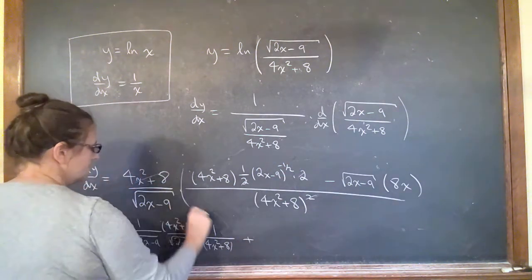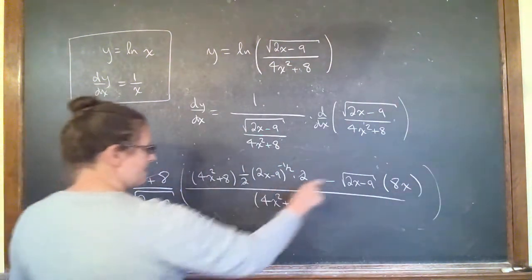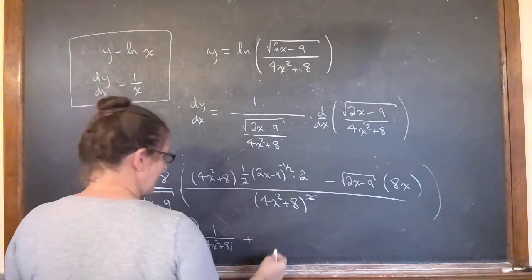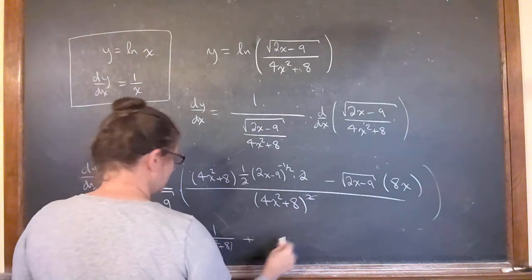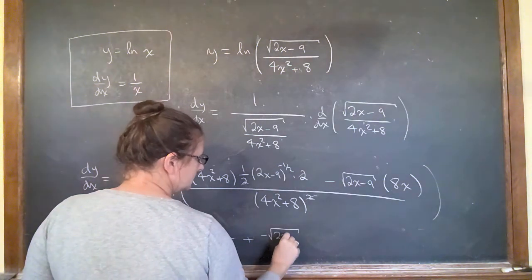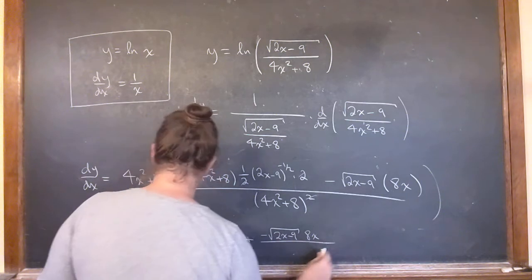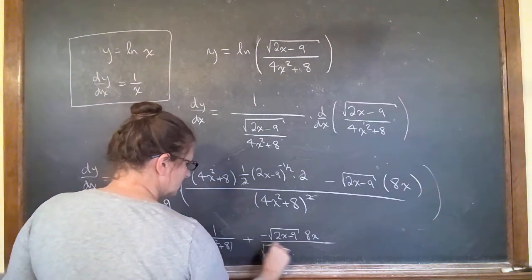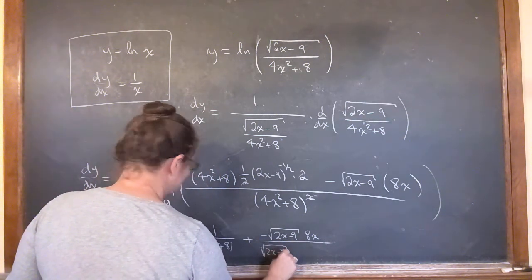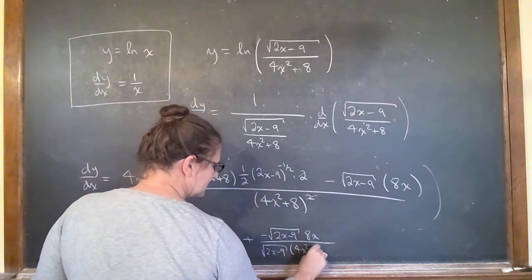And then, because remember all this was by this, but I canceled those out. And then for this guy, I'm going to get rid of that. This guy, oh, I forgot this already. See, I almost screwed it up completely. 2x minus 9 times 8x over this square root of 2x minus 9 times this 4x squared plus 8, right?